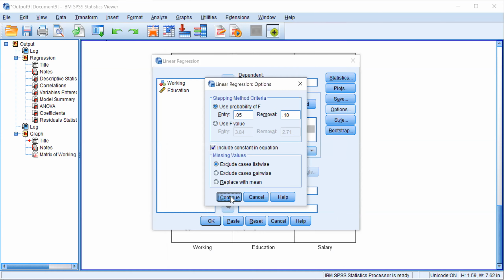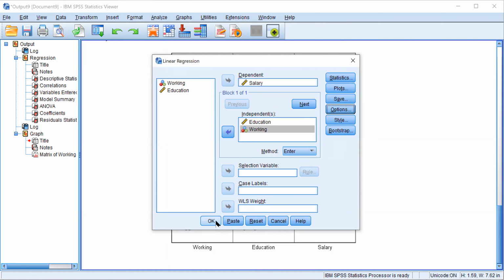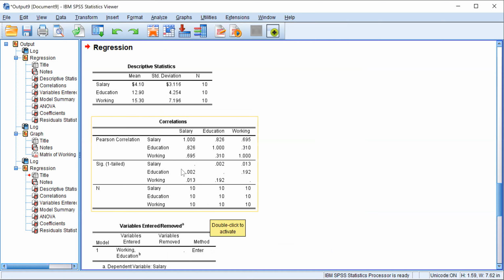Okay, then we just click OK. Now we have this regression output. This is the descriptive statistics table, and we have the working variable added. The average years of working is 15.3 years, and that's the standard deviation. This is the correlation between these three variables.